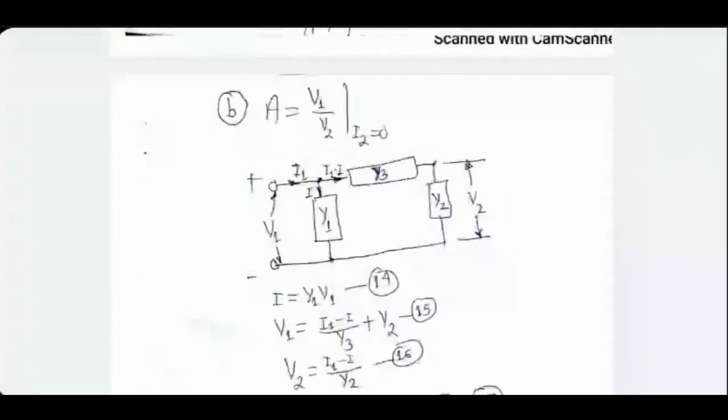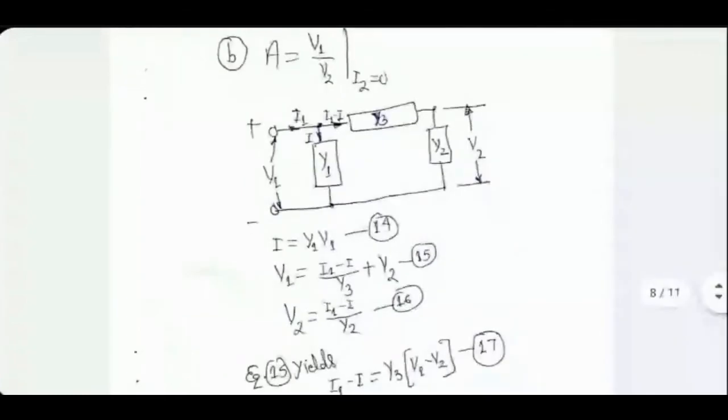So I have written equations based on this topology. It's basic circuit theory that I am doing right now. Capital I is the current which I am assuming as flowing through Y1. And capital I1 is coming in, so the difference will go through Y3 and Y2. I2 is 0.